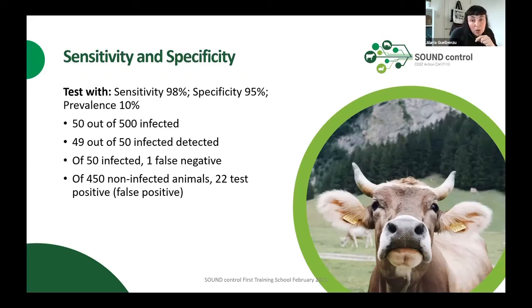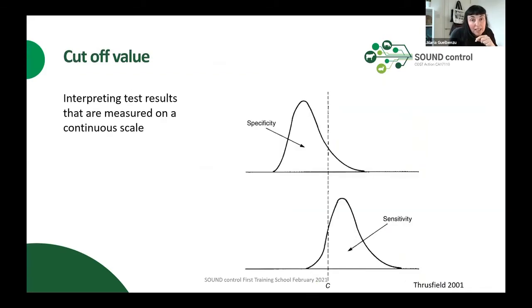So let's explore what happens with our cutoff value. Typically, sensitivity and specificity can be calculated just for tests that have only a positive or a negative result, for example, the presence of a parasite. But we typically use them with variables that are measured continuously.